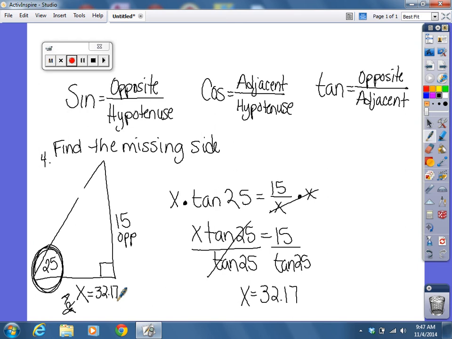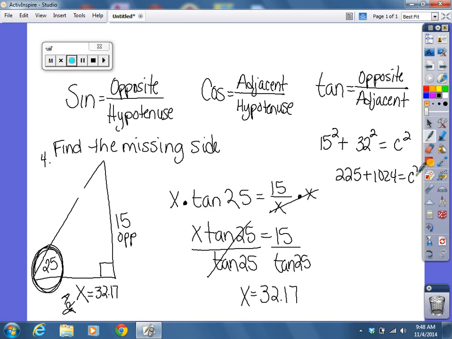So I could check my hypotenuse again if I needed to. I was trying to debate whether to actually check for my hypotenuse. So 15 squared plus, and I'm going to drop the 17, so I'm just going to say 32 squared is equal to c squared. So 15 squared is 225 plus 32 squared is 1024.